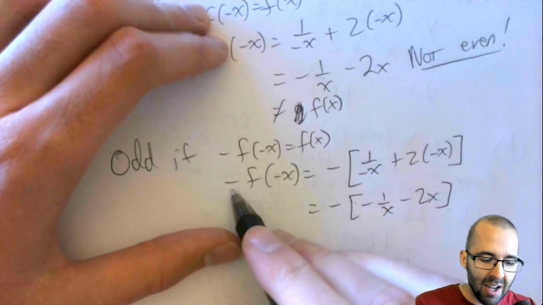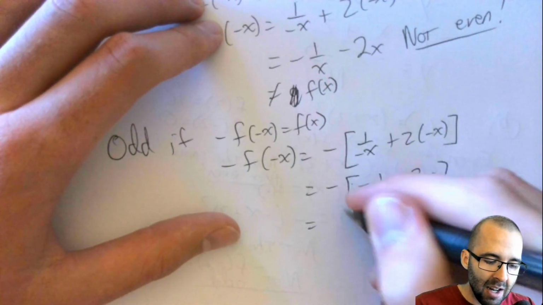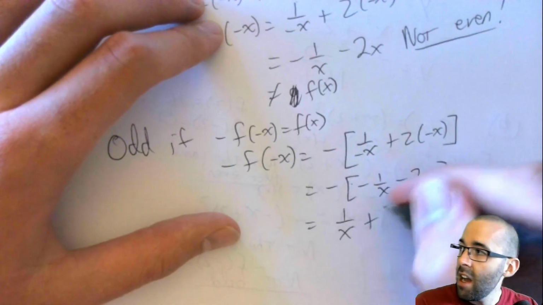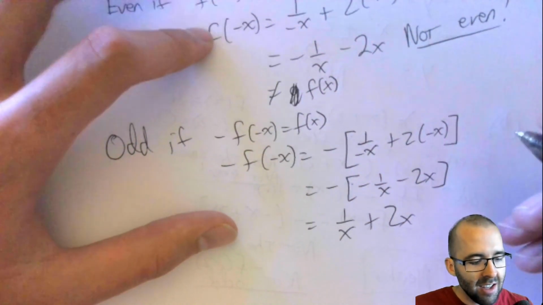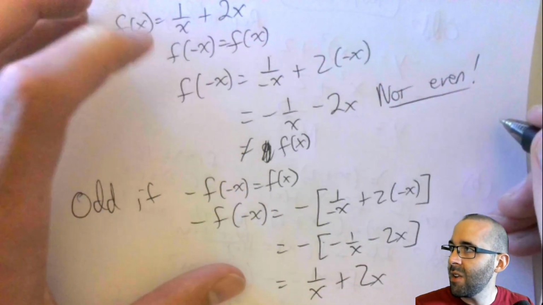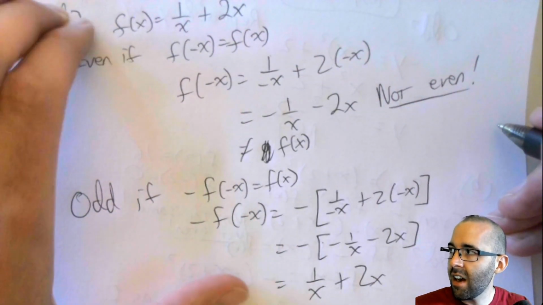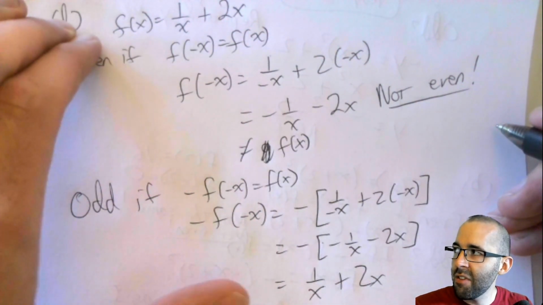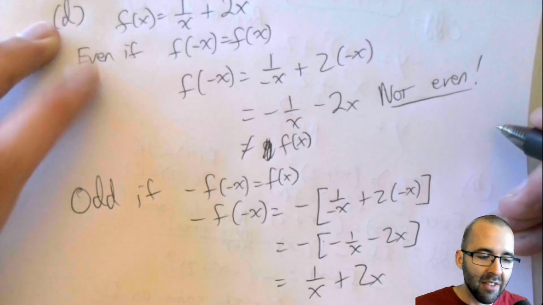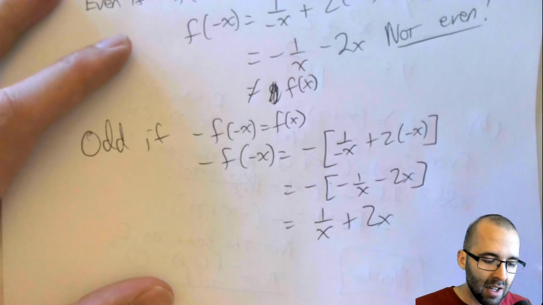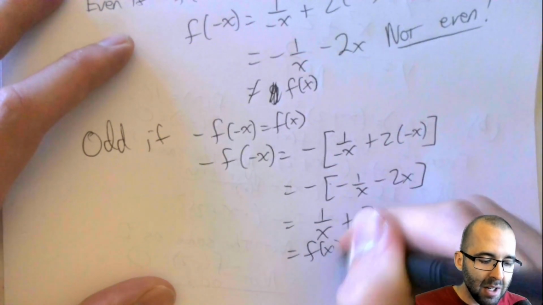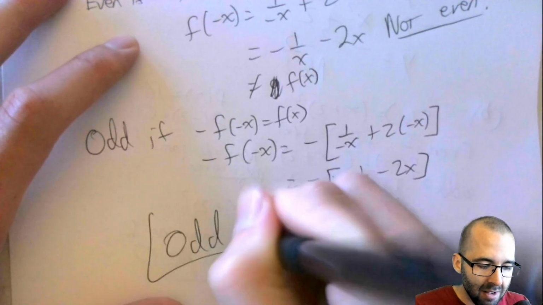But now we have a negative on the outside as well. Distribute that in. Positive 1 over x, positive 2x. And thank goodness, notice, these two things are the same. f of x was the same as negative f of negative x. That is equal to f of x. So it is finally odd.